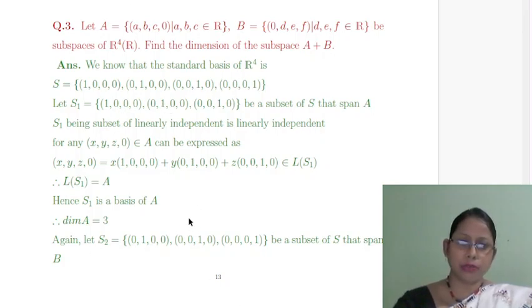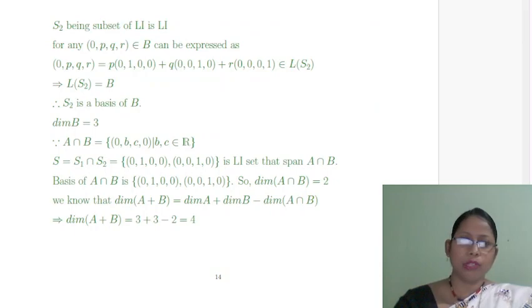Their intersection will be these two vectors, which will span A intersection B. That means the basis of A intersection B will consist of these two elements. So the dimension of A intersection B is 2.